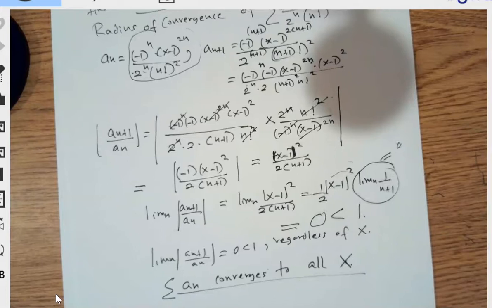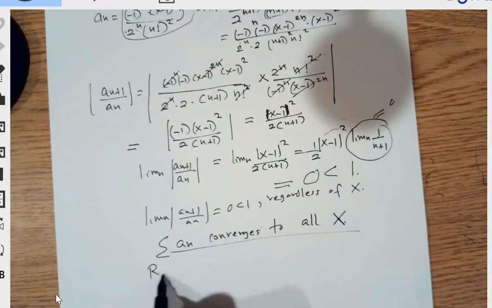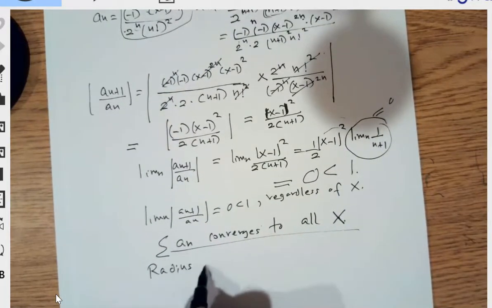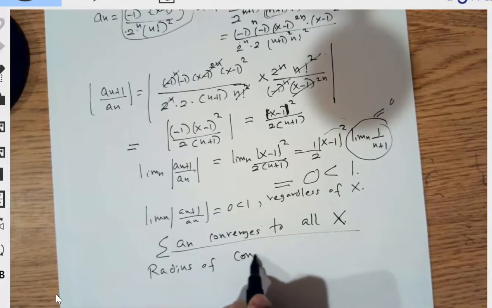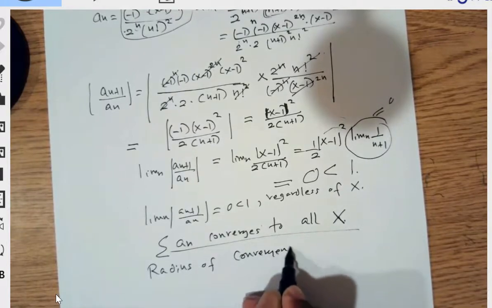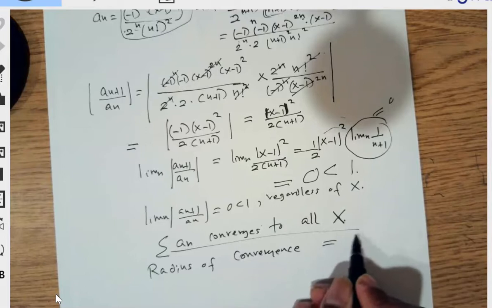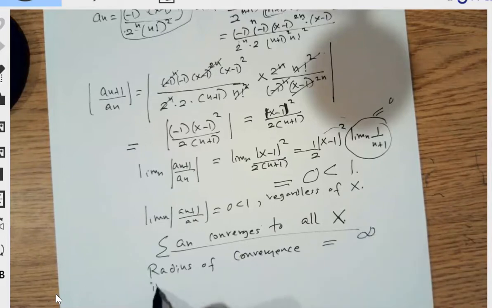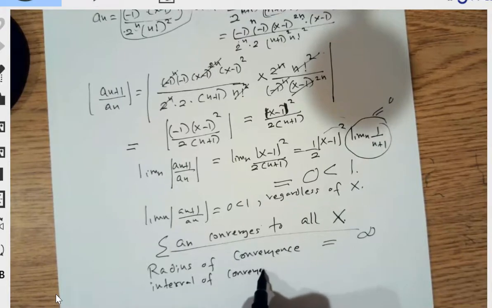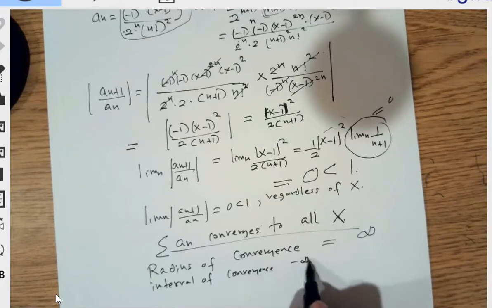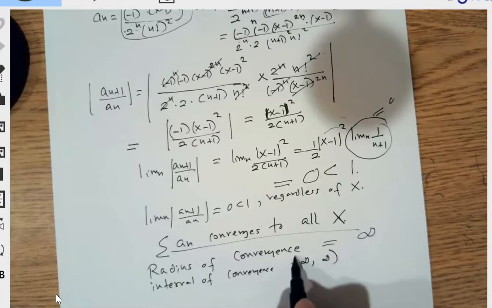So what we can say is that the radius of convergence is infinity. The interval of convergence, of course, is negative infinity to positive infinity, all real numbers.